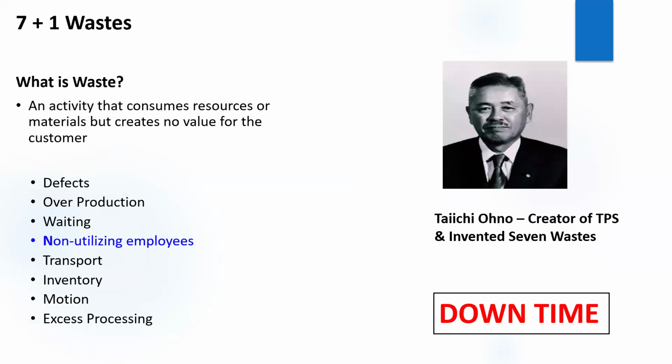Okay. The third waste is called waiting waste. For example, either the operator can wait, or the machine can wait, or the material can wait. And my question to all of you: why is waiting treated as a waste?